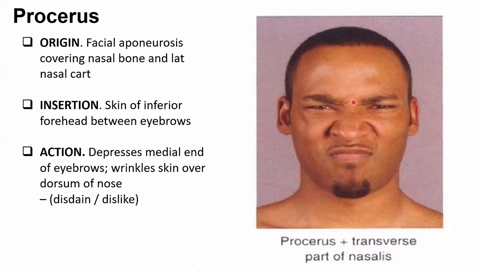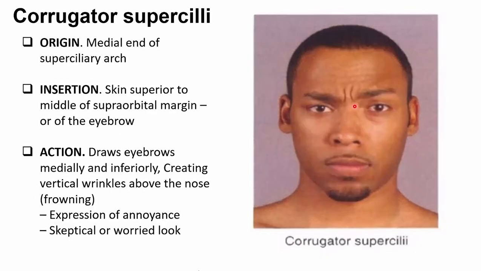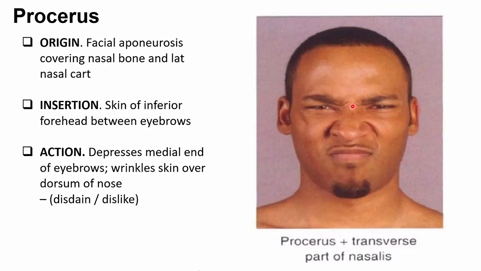So once it contracts, it depresses the forehead. It depresses the medial end of the eyebrows also. So the wrinkle is more or less transverse, hindi siya vertical kagaya ng corrugator. So expression is like disdain or dislike.